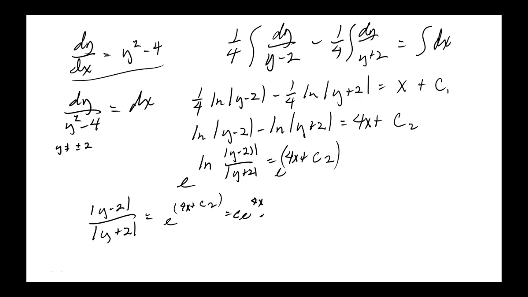So I don't see why we don't leave that, but what I'm going to do is just make this y minus 2 over y plus 2 equal to C e to the 4x. Now, there is some problem there. What if they were negative? Well, then that allows the C to be negative.